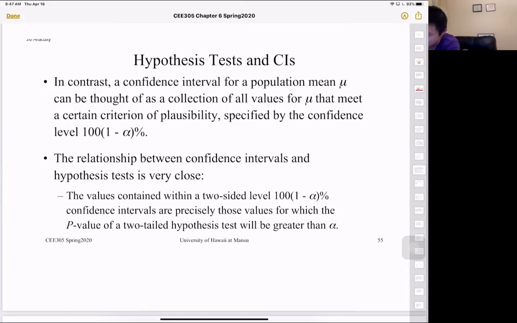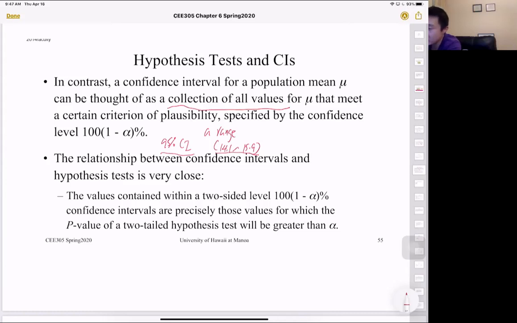So the collection of all values actually is the range. Remember we say, for example, 95% confidence interval, we get a range, for example, 14.1 to 15.9. So that's the range, and within the range, that's the confidence interval.